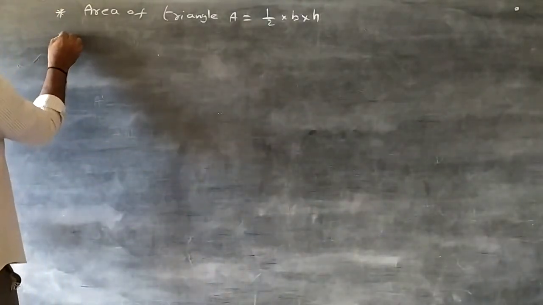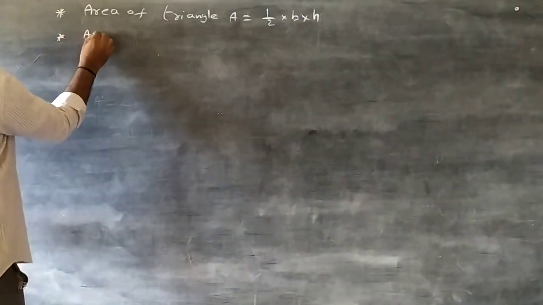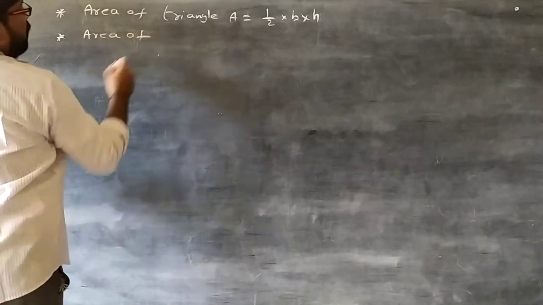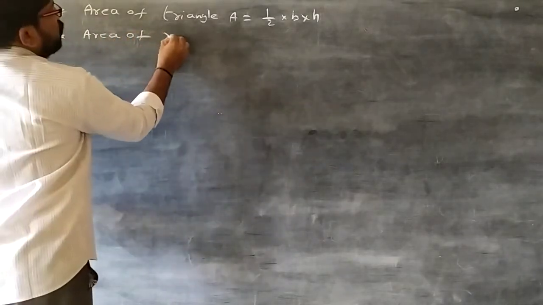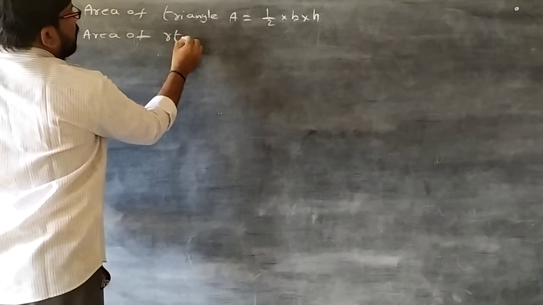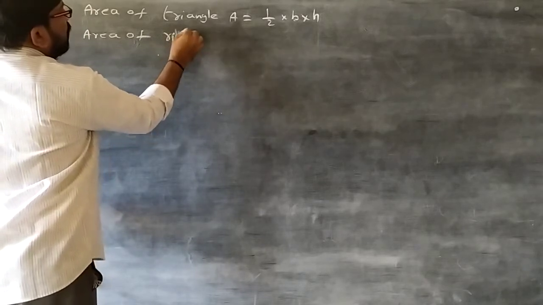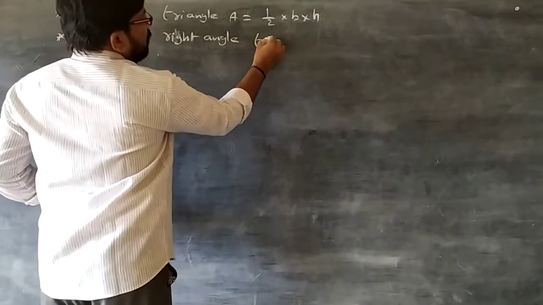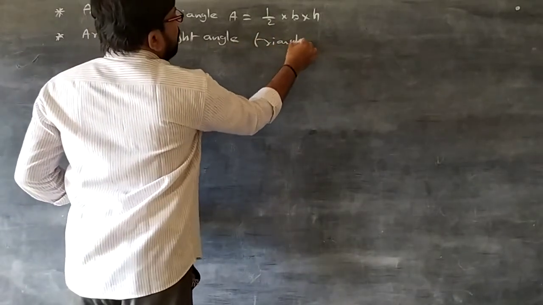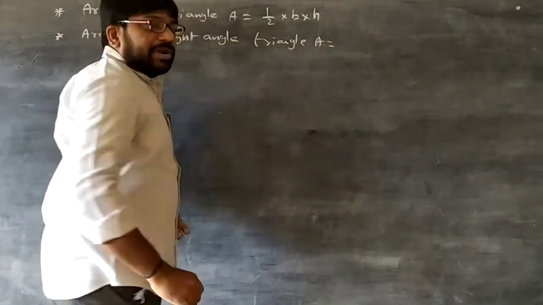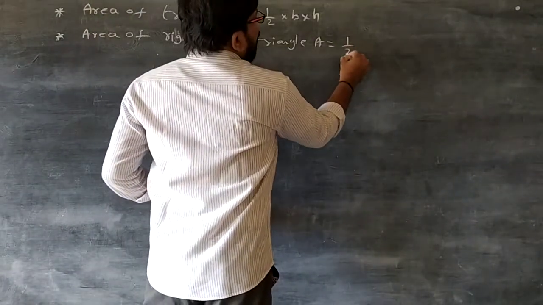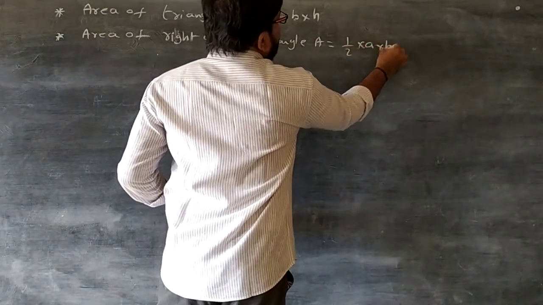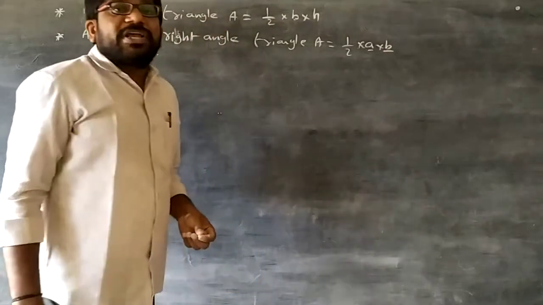Next, area of right angle triangle: A is equal to half into A into B, where A and B are perpendicular sides.